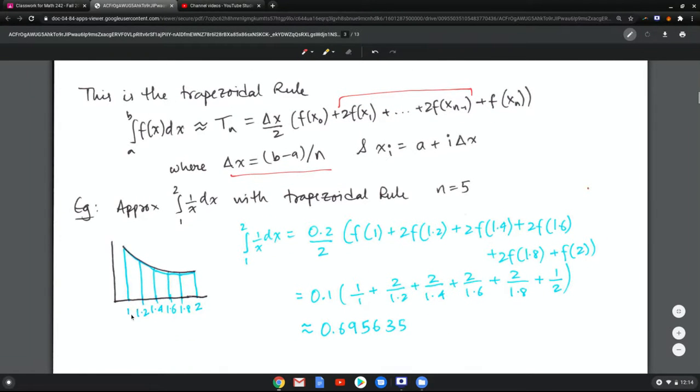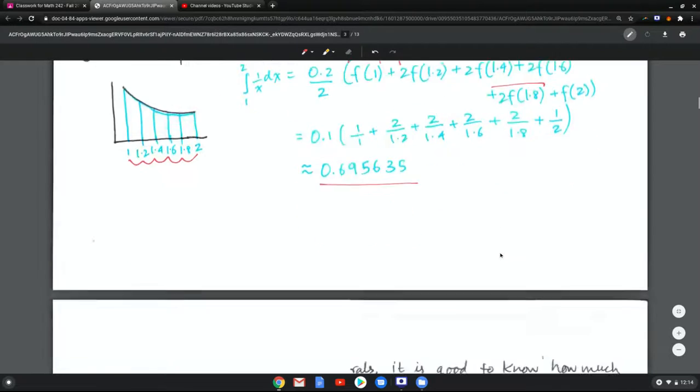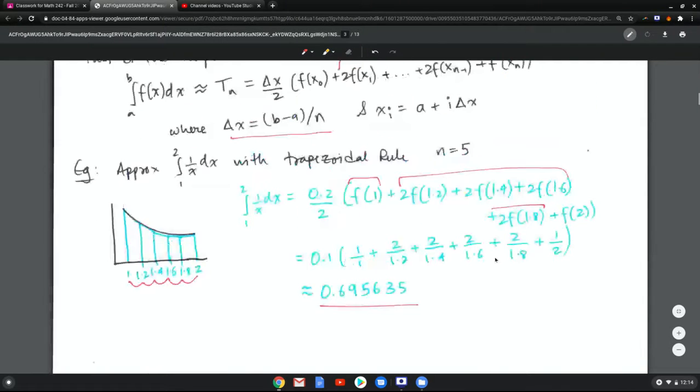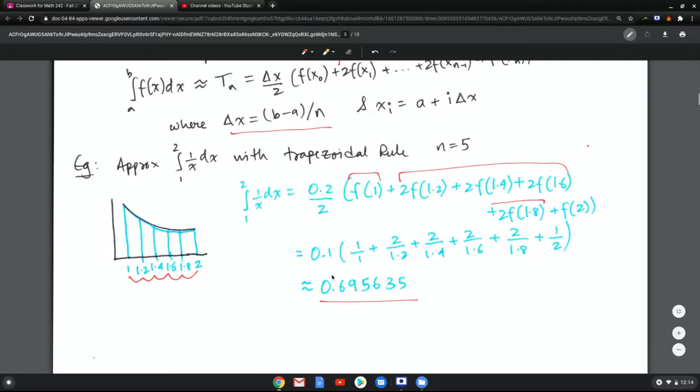Here we are not using any midpoint, so we stick with 1, 1.2, 1.4, 1.6, 1.8, and 2. We have f of 1, and then 2 times all the other function values, and 1 f of 2. This gives me 0.695635. Now the next goal, which we'll learn in the next video, is to understand how good each of these approximations are.